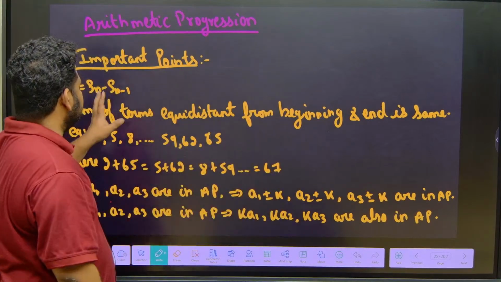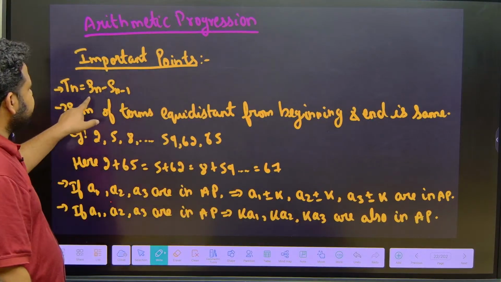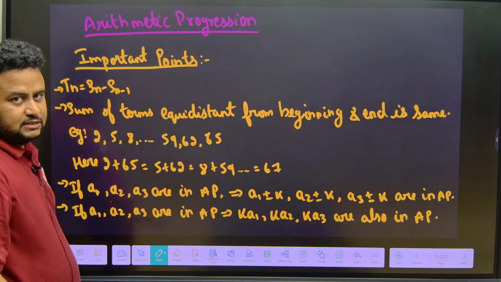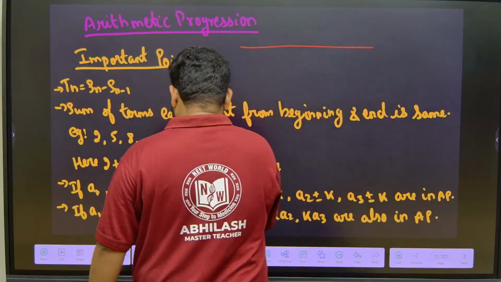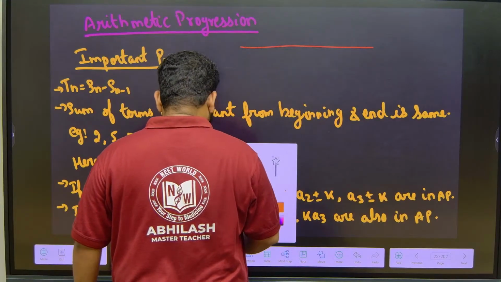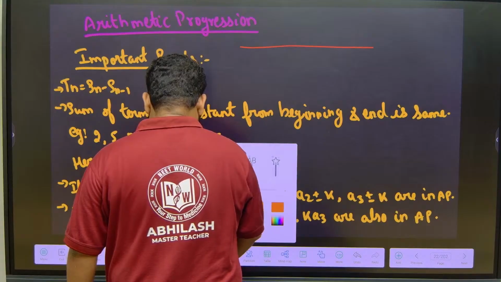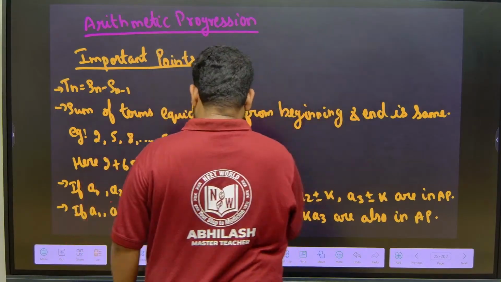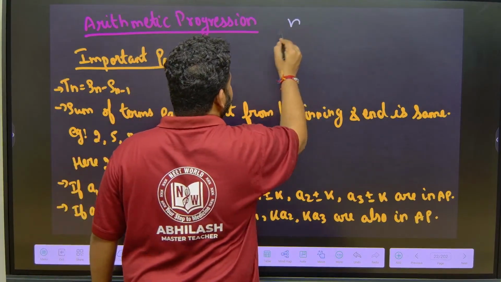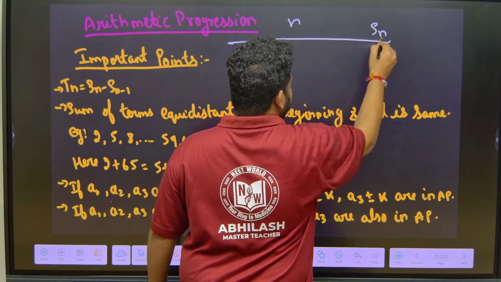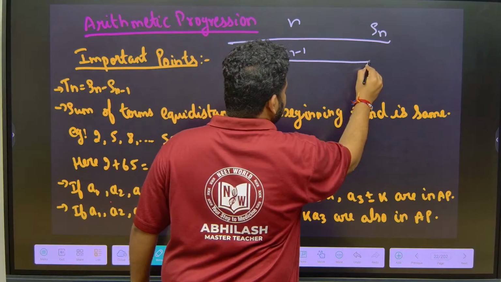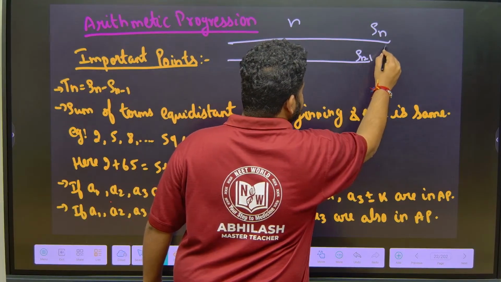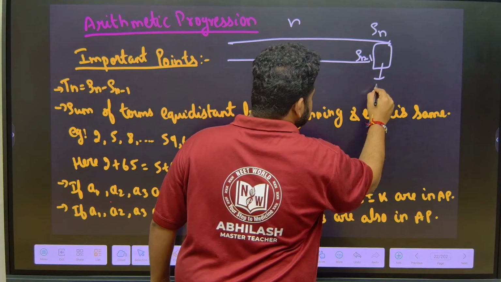When I talk about important points, Tn is equal to Sn minus S(n minus 1). In the previous class I told you that if the sum of n terms is given as Sn, and the sum of n minus 1 terms is S(n minus 1), then the gap between them gives us the nth term.